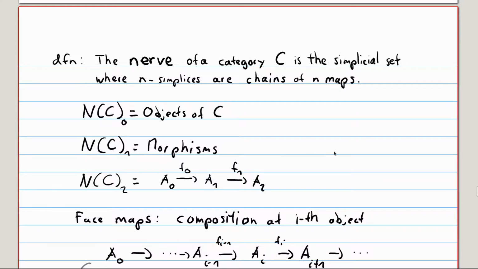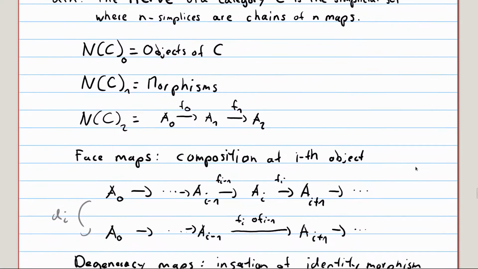Then we have to define the face maps, and they're just composition at the ith object. Given some n-simplex, we want to create an (n-1)-simplex, and we can shorten it by composing these chains of morphisms at a particular index. So here you can see that we just composed these morphisms into one, and therefore we got a shorter chain.